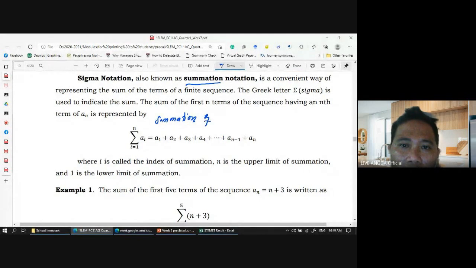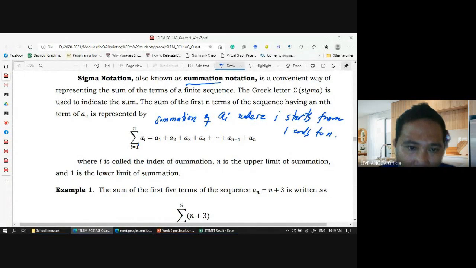a sub i, where i starts from 1 and ends at n. It means the start is read as starting from 1, ending at n.